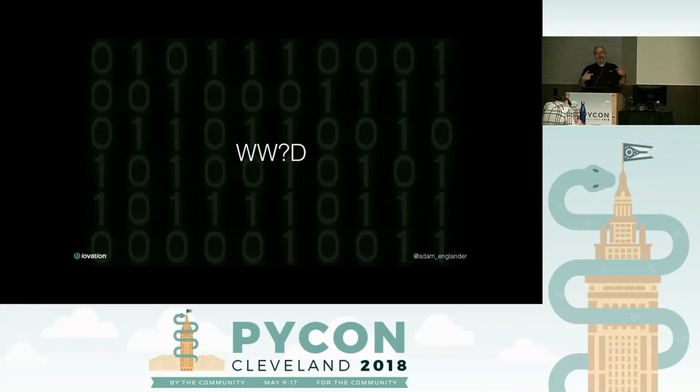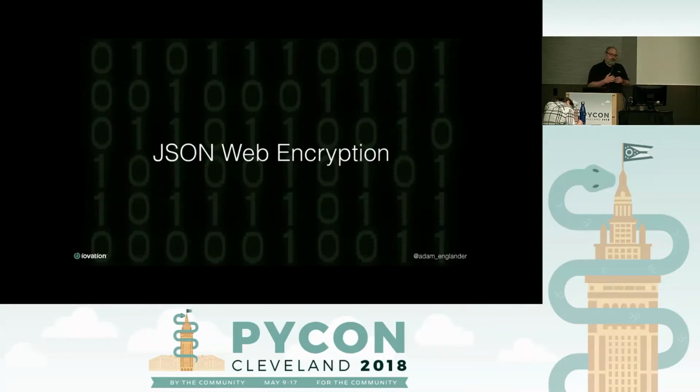And again, most of us in here aren't cryptographers, so we probably shouldn't be doing that. Google can write their own because they have cryptographers, right? Amazon can do that because they have cryptographers. You probably don't. So my suggestion for you is JSON Web Encryption.